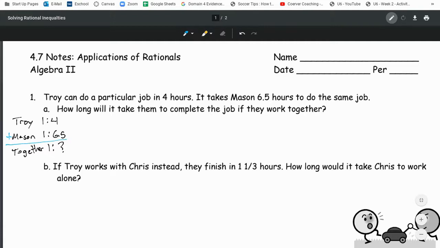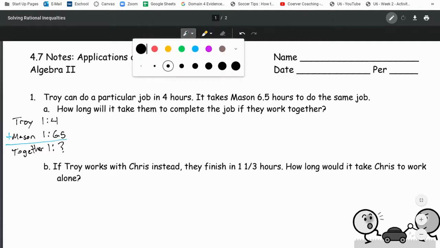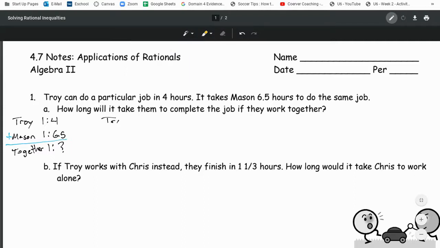Okay, so keep in mind, everything we do now has been dealing with fractions. So these ratios can just be turned into fractions. So if I take Troy, I'll label it Troy, 1 over 4, so I keep it as a fraction. Still the same thing as a ratio.